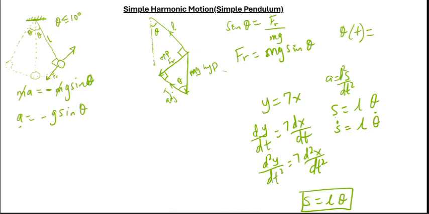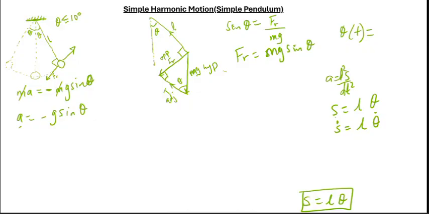Likewise, if you are differentiating with respect to x, we differentiate y to get dy over dx, and differentiate x to get dx over dx, which is 1. That's why we have only 7.